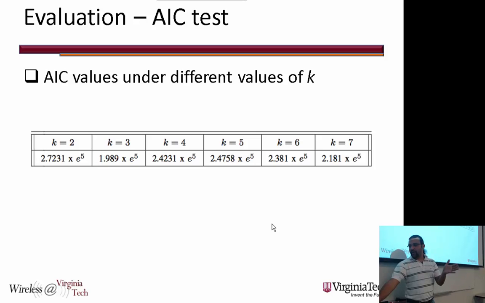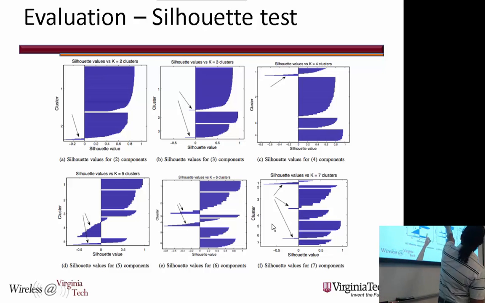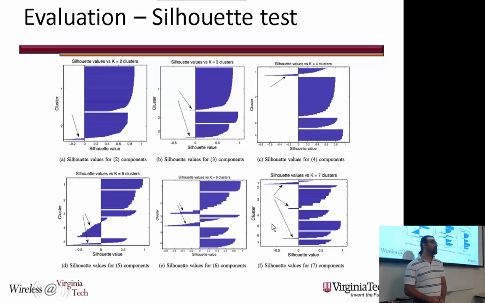With applying the GMM, I ended up having lower values with k = 3, and it's matching the values also shown by the silhouette figures. This is K=2, 2 components, 3 components, 4, 5, 6, 7, and the minimum number of values that go below 0 is the one with 3 components, which is matching the AIC.